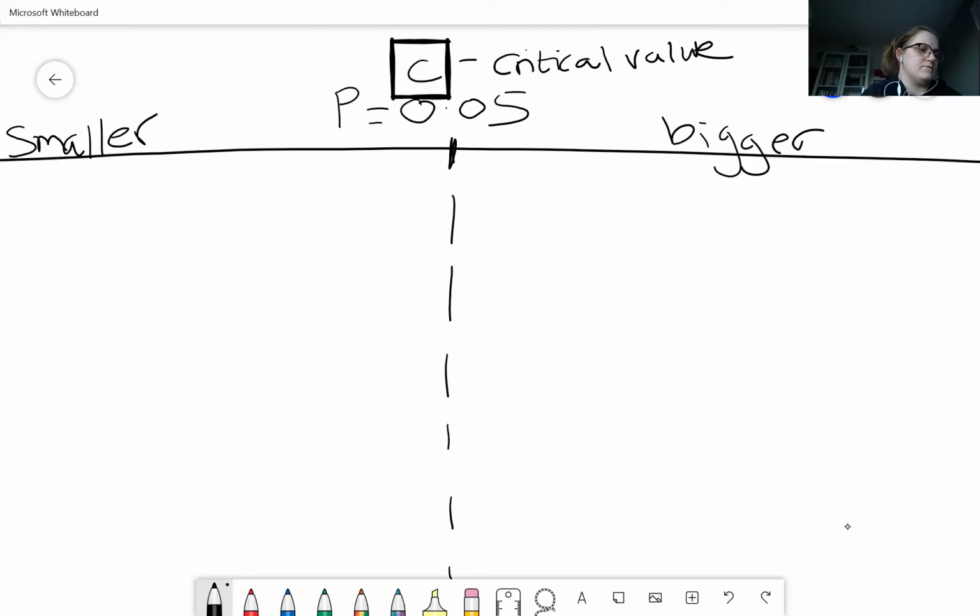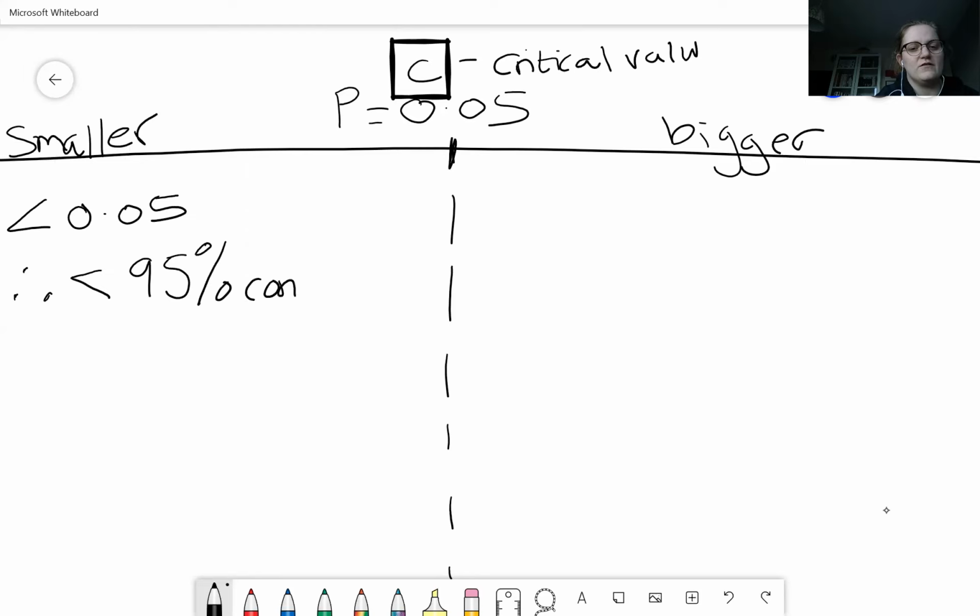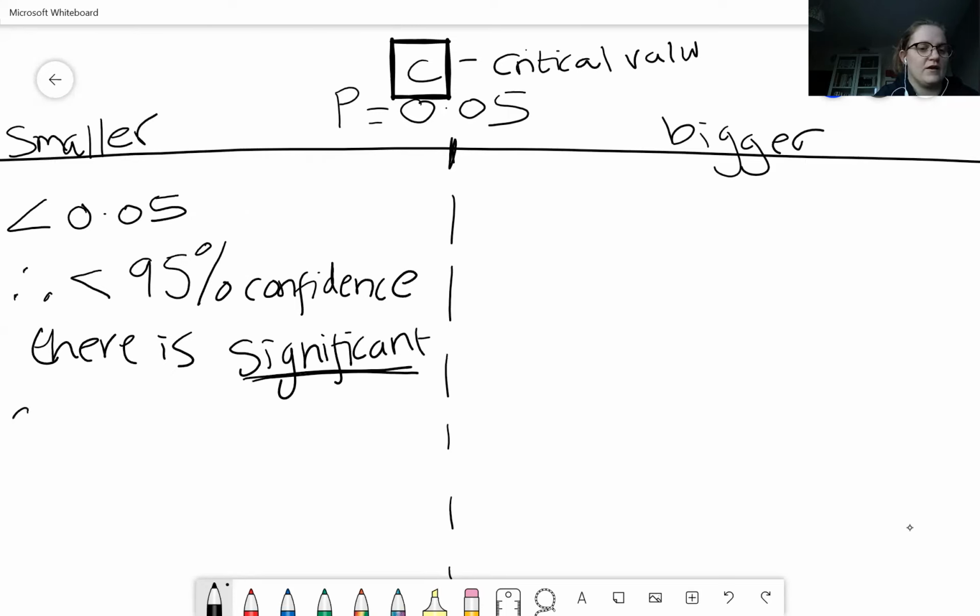So if our p-value is smaller than our critical value, so whatever we've worked out, it could be the results of our t-test, if it is smaller than 0.05, it means that therefore we have 95% confidence there is significant difference, so we have confidence there is significant difference or correlation exists.